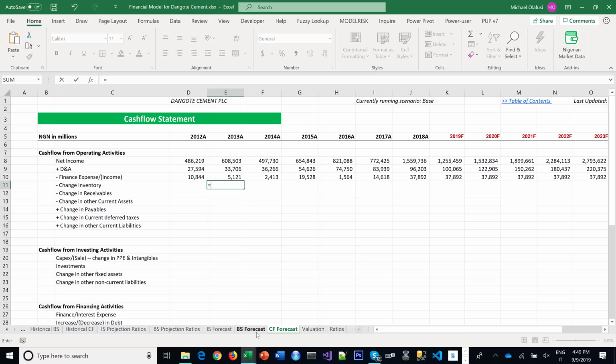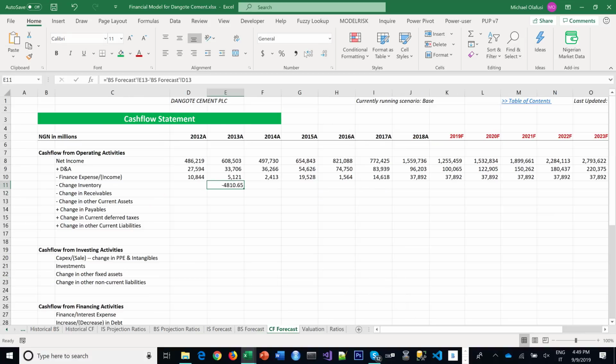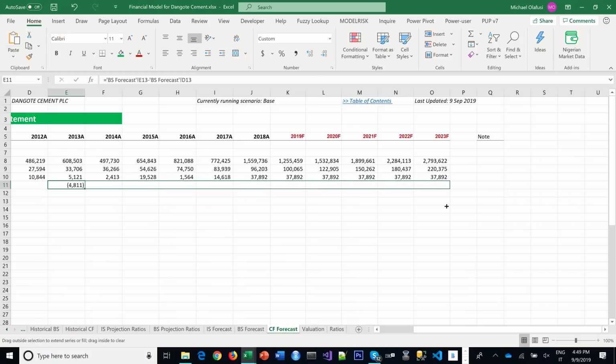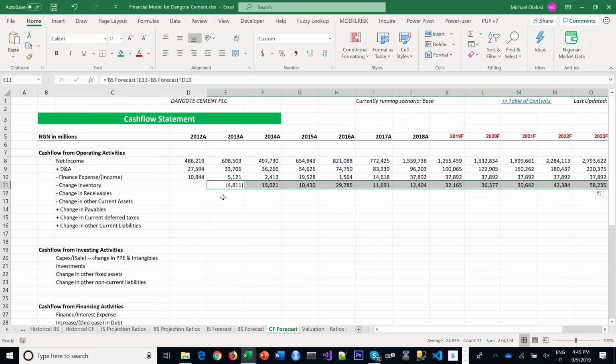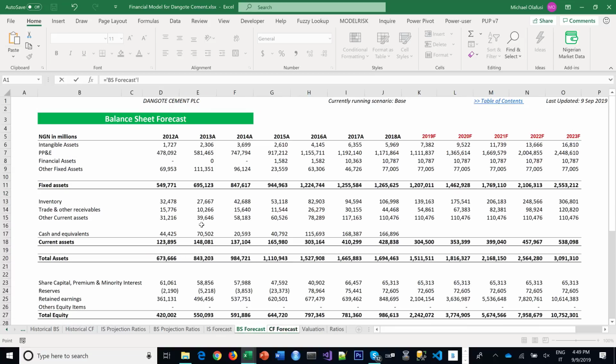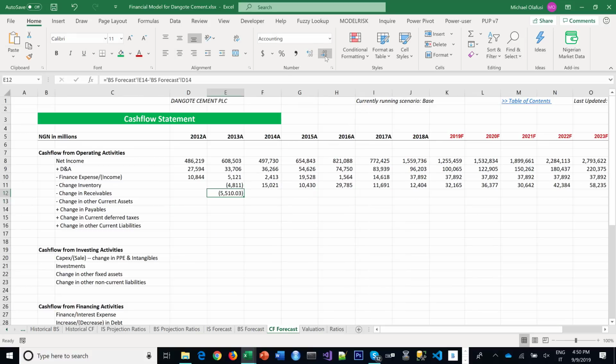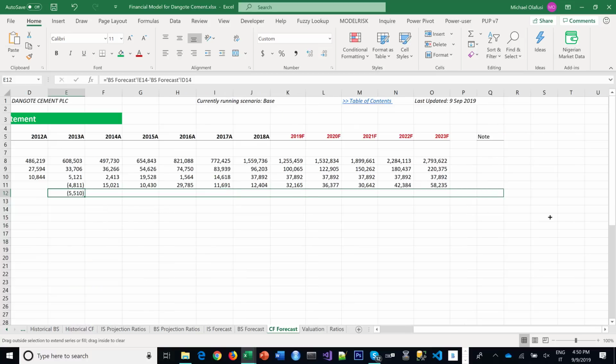So I go to balance sheet, I do inventory this year minus inventory last year. I tell it to be in comma style, I drag it all the way into the future. For the receivables, likewise, I'm going to go to my balance sheet, receivables, this year minus receivable last year. I drag it into the future.